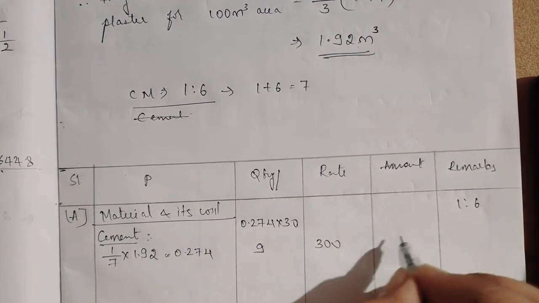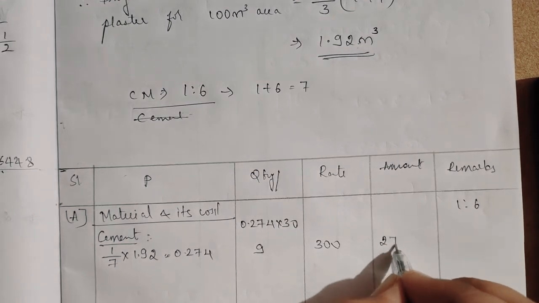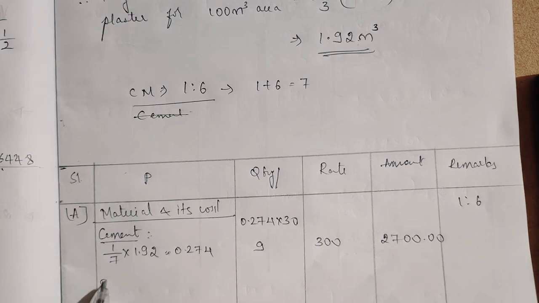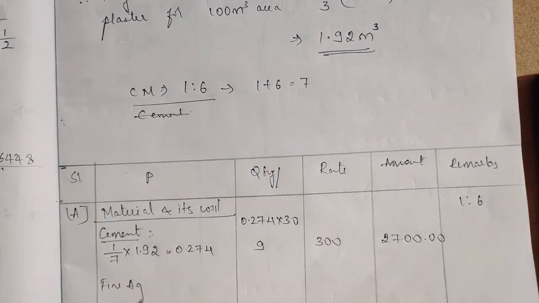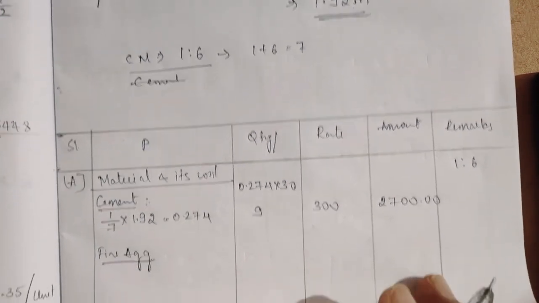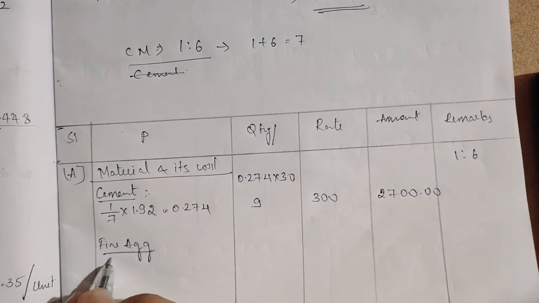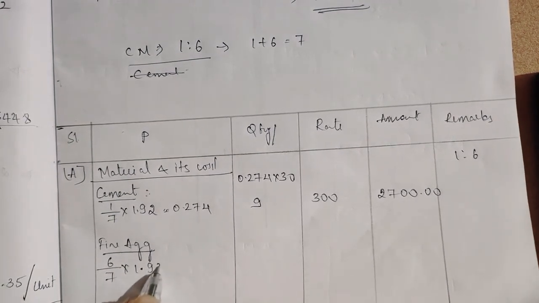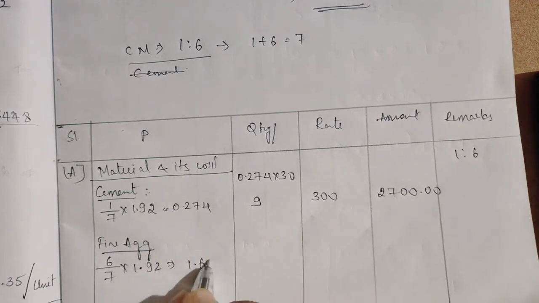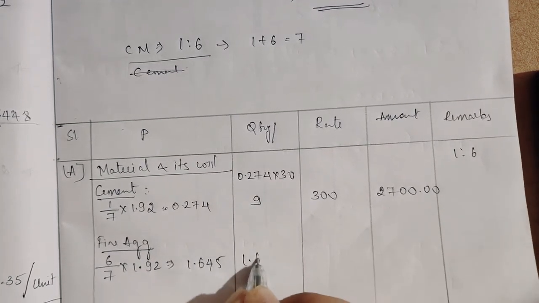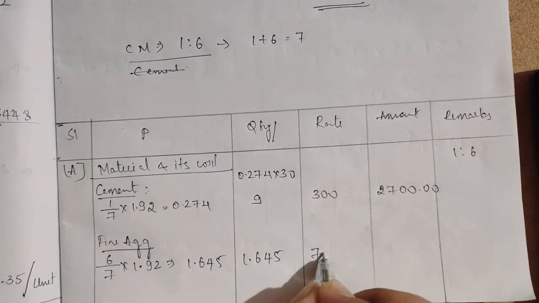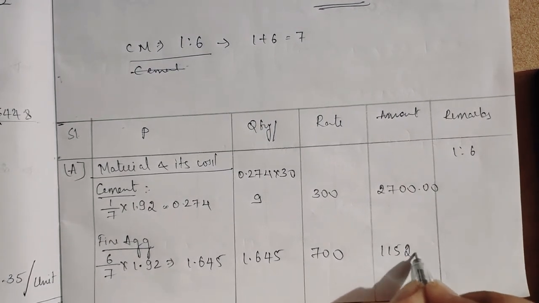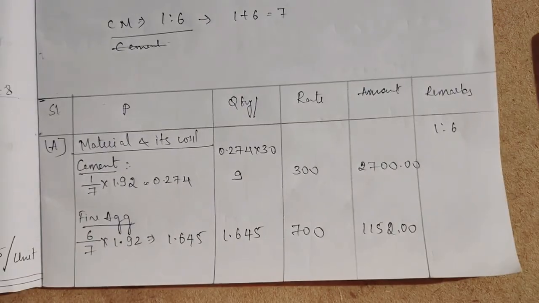So 300 per bag, 9 into 300 is 2700. Next for fine aggregate: 6 by 7 into 1.92, so 1.645. Same, you copy here 1.645. What is the rate? 700. So 1152.00.